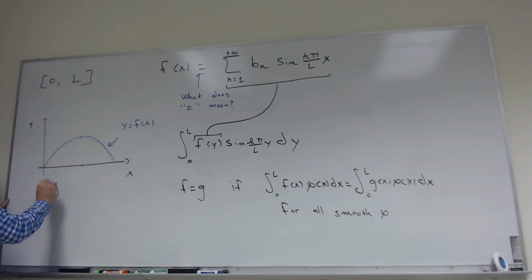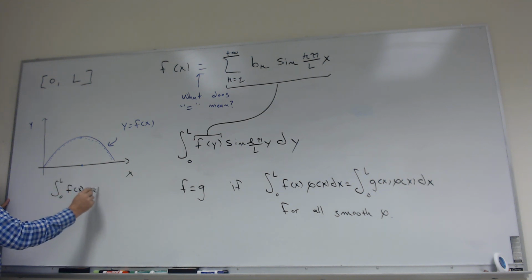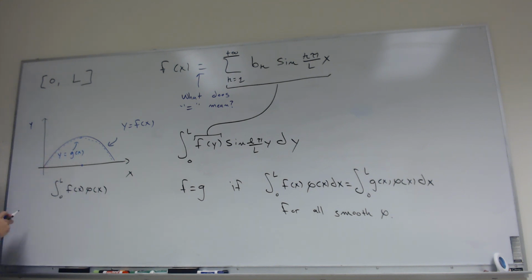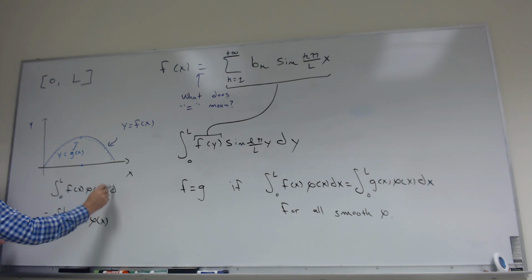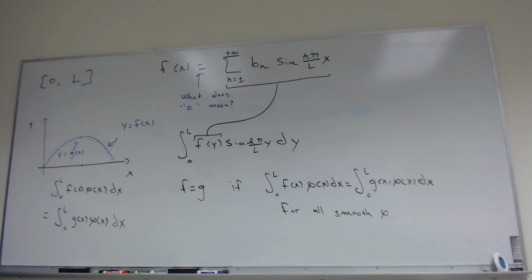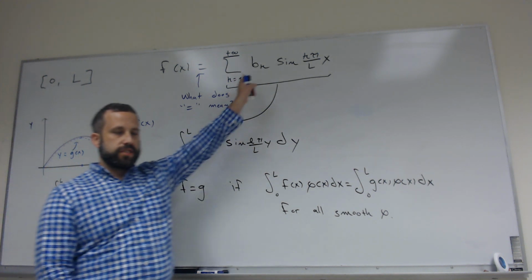If I look at the integral from 0 to L of f of x phi of x, so the blue one is g of x, this is going to equal the integral from 0 to L of g of x phi of x, and of course dx here and dx here. Okay, so this is really the sort of thing that we need, and this is what we're going to get with the sine series here.